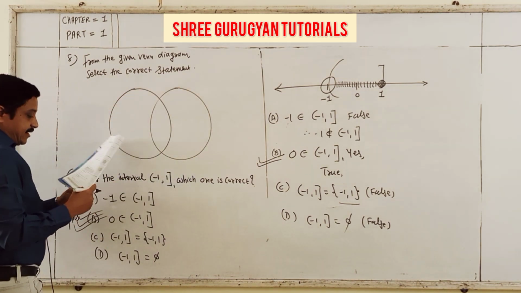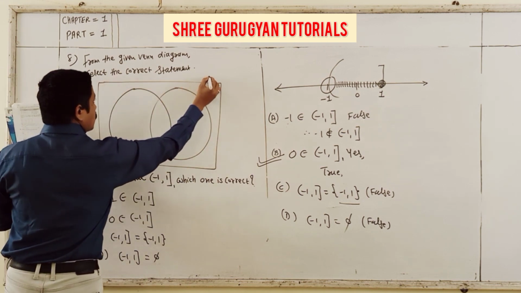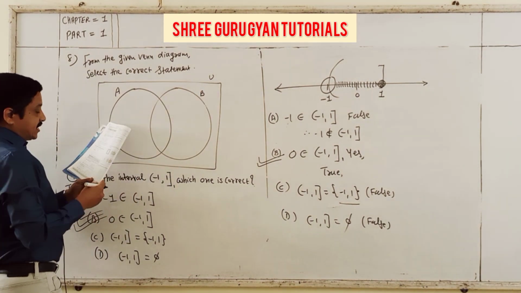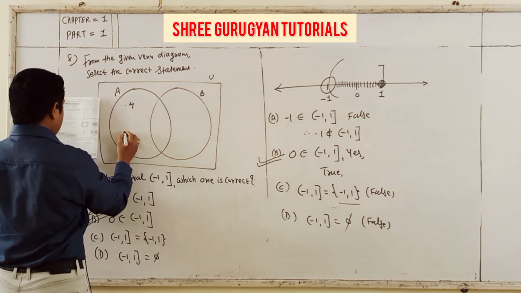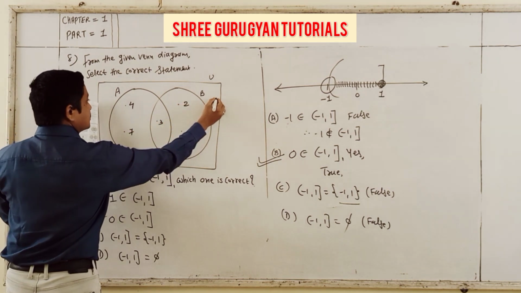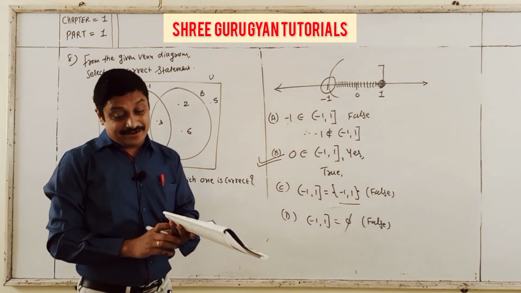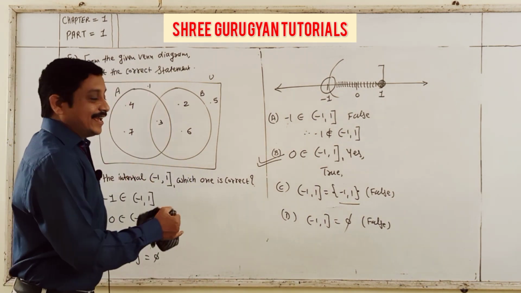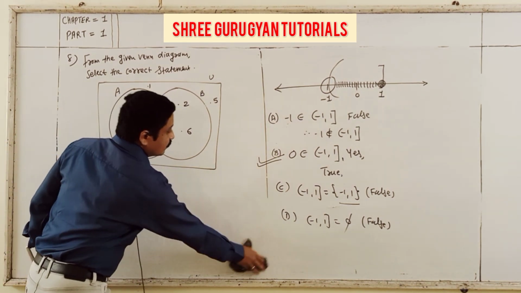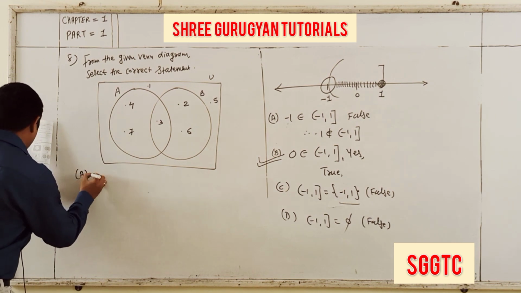Here is the universal set U, and sets A, B. The elements are 4, 7, 3, 2, 6, 5 and 1, and options are given. So you will decide according to the option, students. You say the answer; I only write down the option.